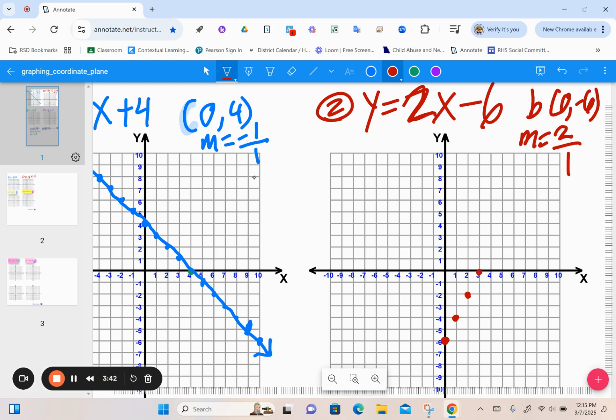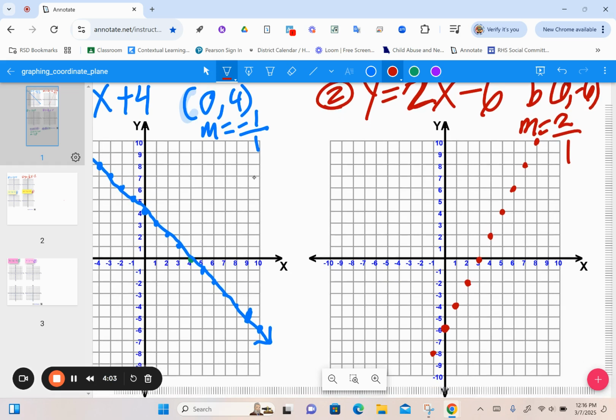A good practice is do it as far as your graph will let you. Hopefully you have graph paper and doing this on it, not just free-handed it on some notebook paper. But if that's all you got, do the best you can. Go down 2, left 1, down 2, left 1. Can't really get to that one just yet, so let's go down 2, left 1.